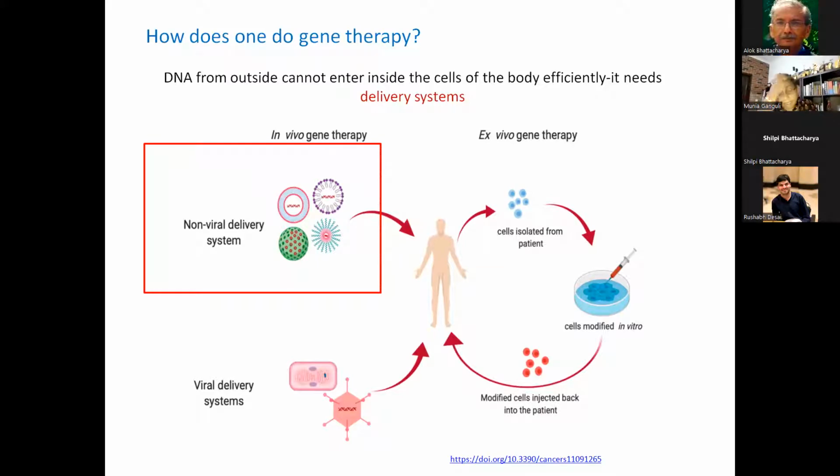When one talks about delivery systems, there are virus-mediated delivery systems, the viral systems shown here, and also non-viral systems. Non-viral is what I'll be talking about today. You can directly inject the delivery system into the body, which constitutes in vivo gene therapy. You can take out cells isolated from a patient, modify them in vitro, and then put them back into the body, which constitutes the ex vivo form of gene therapy.